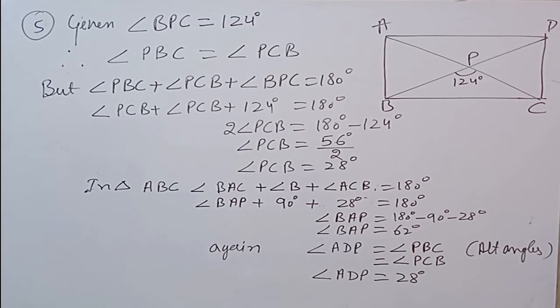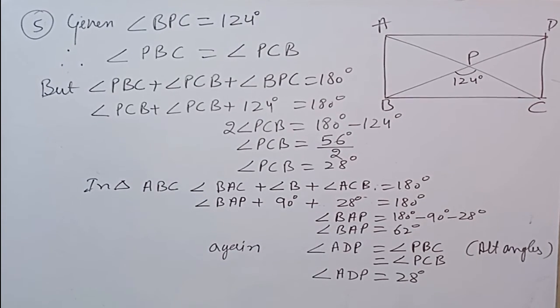Children, now taking question number 5. What is the question? I am just reading out. ABCD is a rectangle in which angle BPC you can see is 124, and we have to calculate angle BAP and angle ADP. So first whatever is given, we just write it.